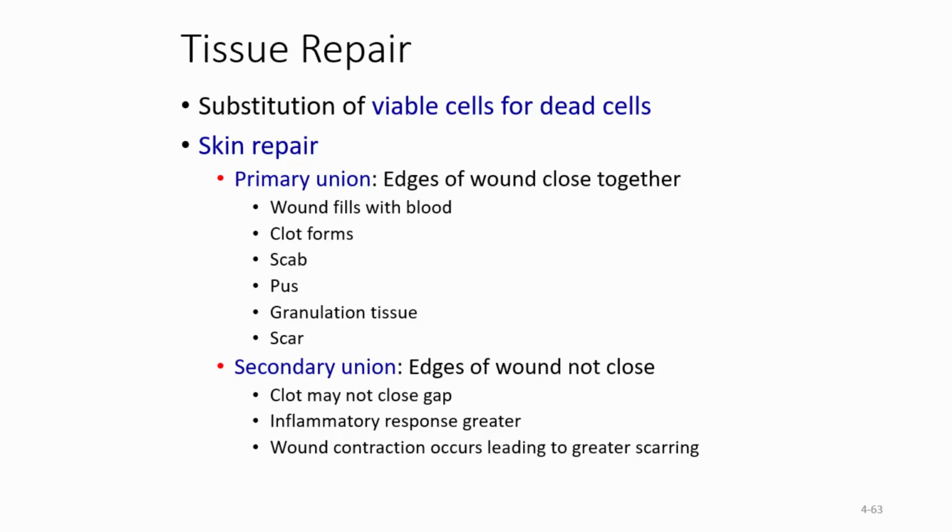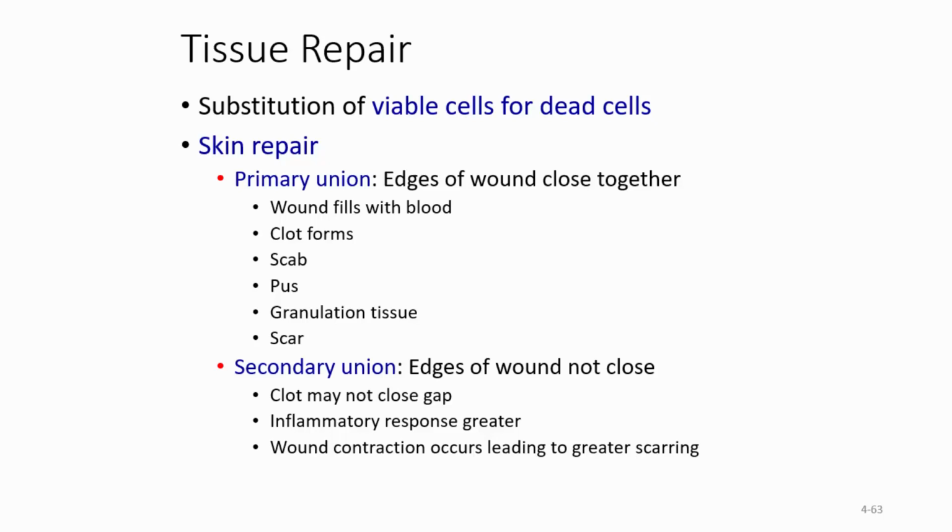Okay, and oftentimes too, with a wound of primary intention, primary union, I should say, or first intention, if that wound does gap, it's easy to suture that together or use steri strips or whatever to put that wound back together again to allow it to heal.